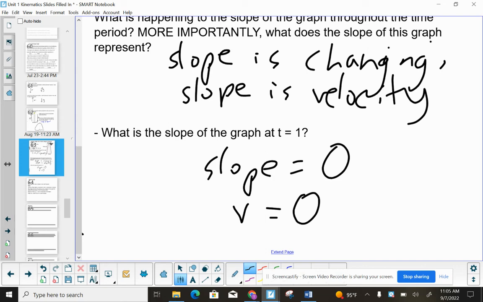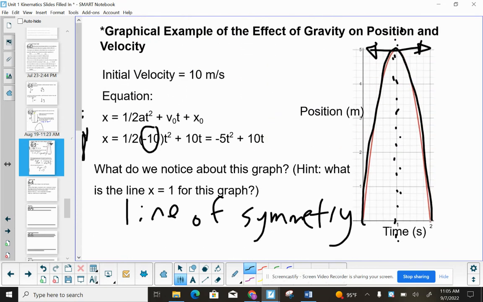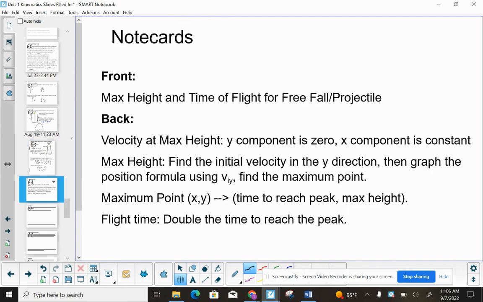What happens when you throw something up in the air is it shoots up, but it starts slowing down, right? We can see this graph start slowing down and becoming flatter. Then it reaches a velocity of 0 in order to change direction. Yes, I have to have a velocity of 0 right there. Otherwise, I can't change direction.